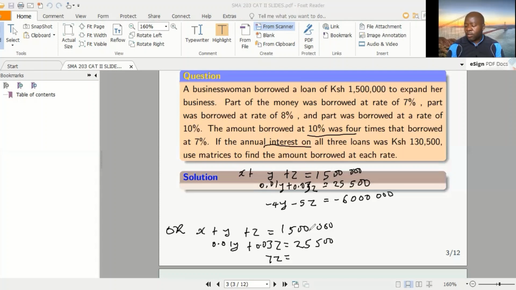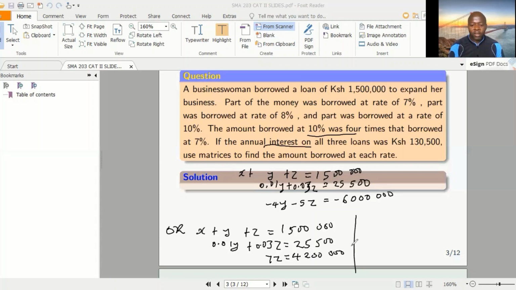What I get there is 10,200,000. Now add it to 6 million, and you get what I was saying as 4,200,000. Now, what does the last equation tell us?